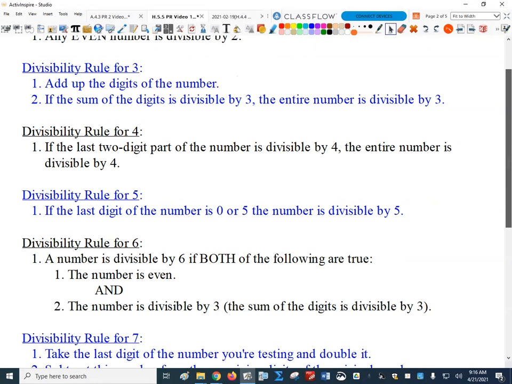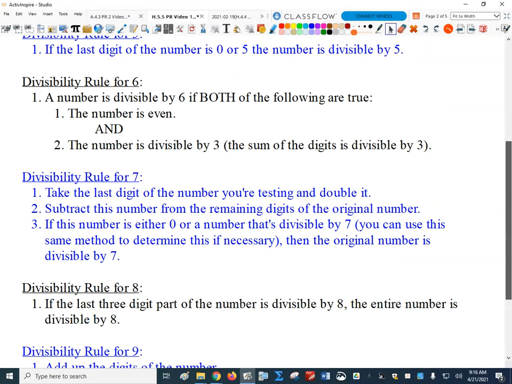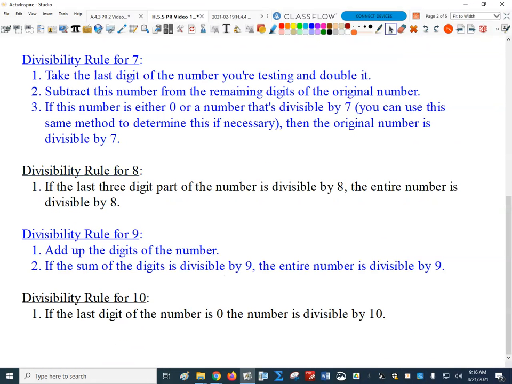The divisibility rule for 9 is the same as the rule for 3. If the sum of the digits is divisible by 9, then the entire number is divisible by 9. And what's cool about all these rules, at least most of these, you can tell which ones, is that you can apply these repeatedly.